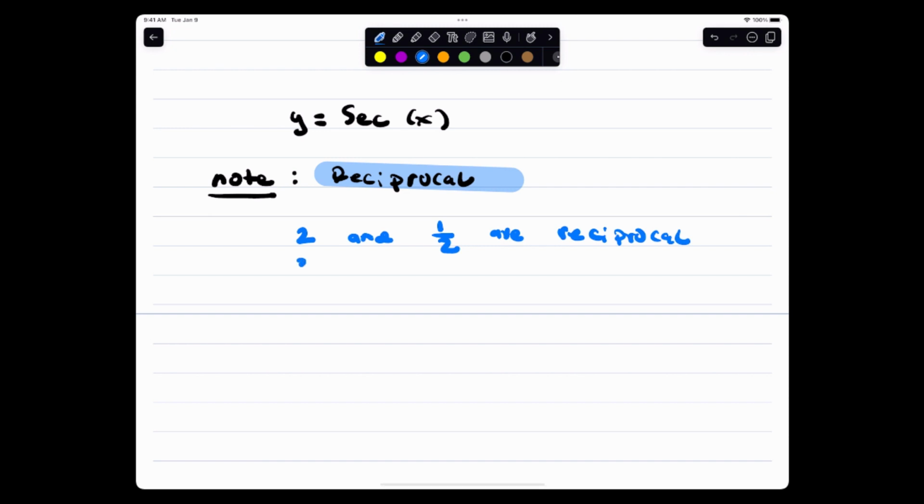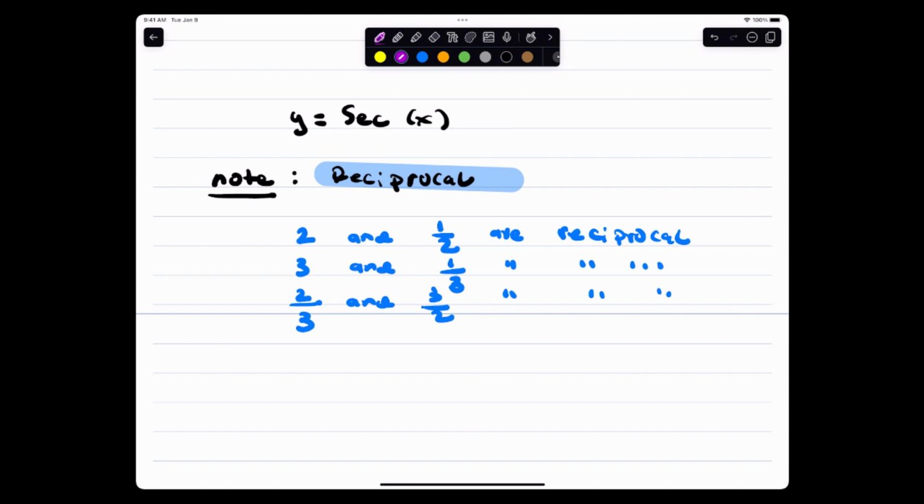What about 3? 3 and what? 1/3 are, again, reciprocals, okay? And then what if I said to you, what about 2/3? 2/3 and what number? 3/2, good, are what? Reciprocals.